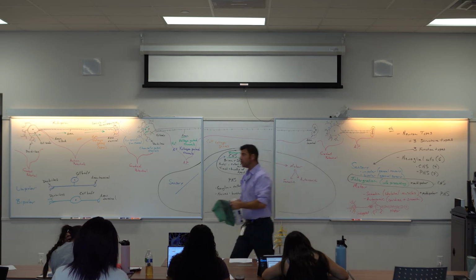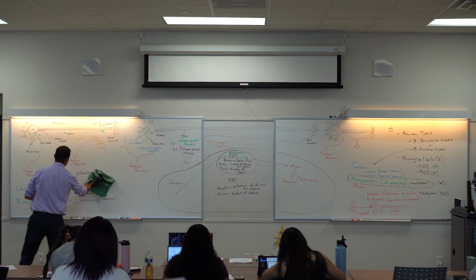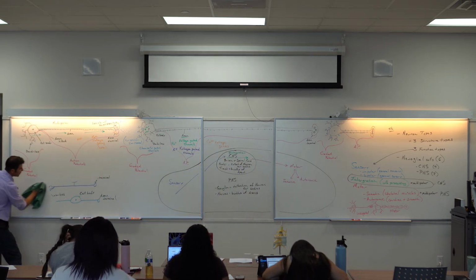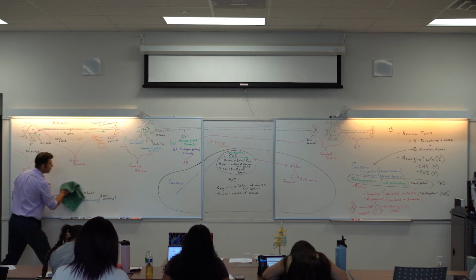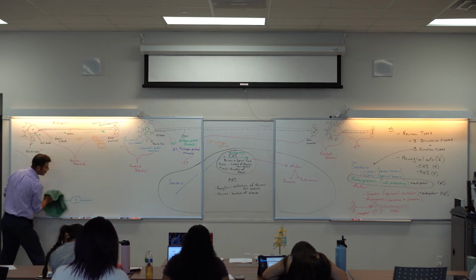Okay, we're going to do this a brand new way. I'm going to try and leave the chain of neurons that are talking to one another on the top part of this board up there.